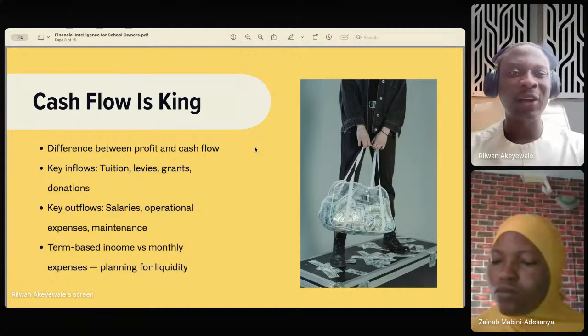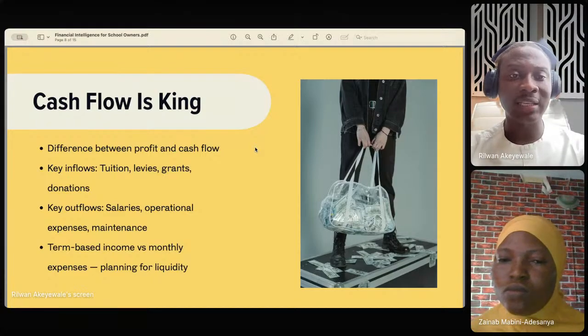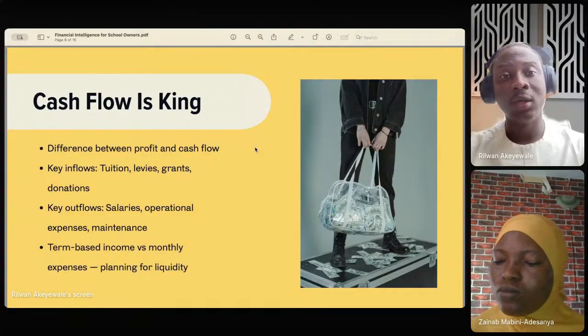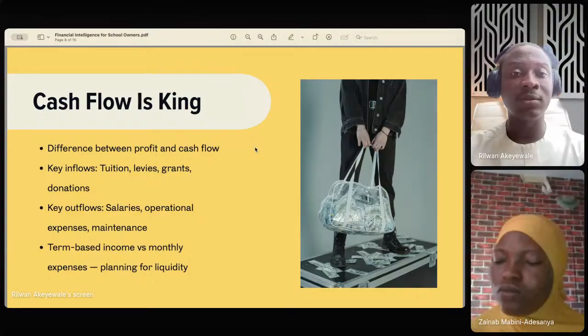So you need to be able to factor or estimate what your cash flow is as a school business owner. That's why I said school business has its own peculiarity. Every other business also has receivables, that is customers that buy and say, I'll pay in the next 1 month, I'll pay in the next 3 months, I'll pay tomorrow.